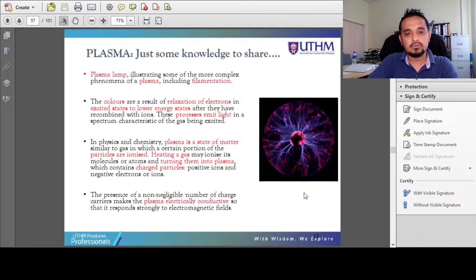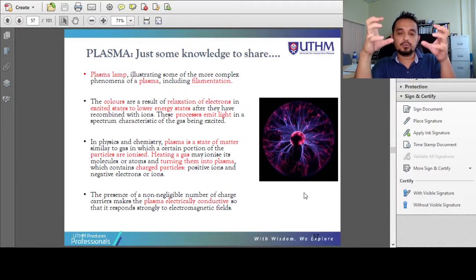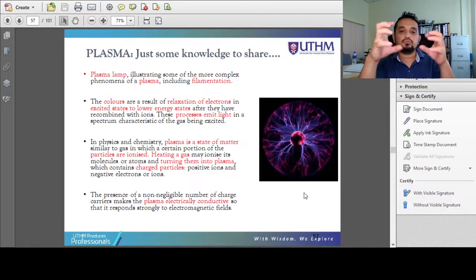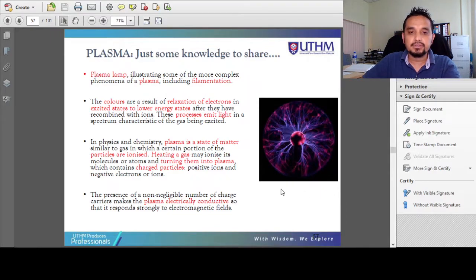when the breakdown occurred within the gaseous dielectric material, we find the conduction of current produces some process that emits light. The process emits light, with these kinds of colors, or spectrum to be precise, and that is what we call plasma.